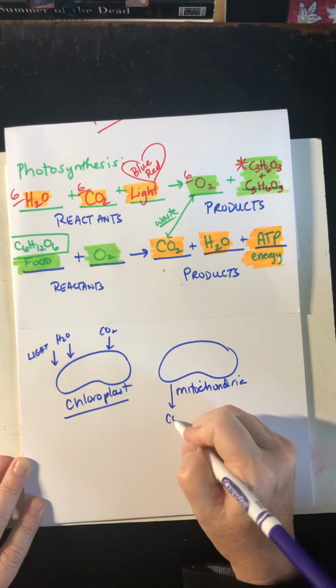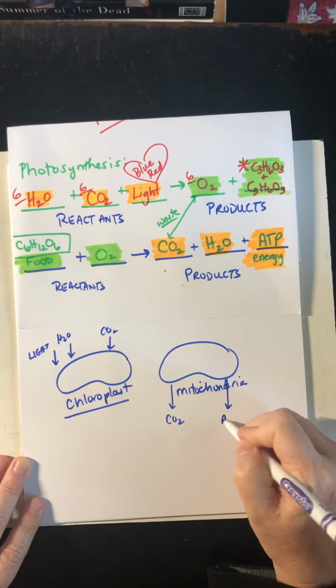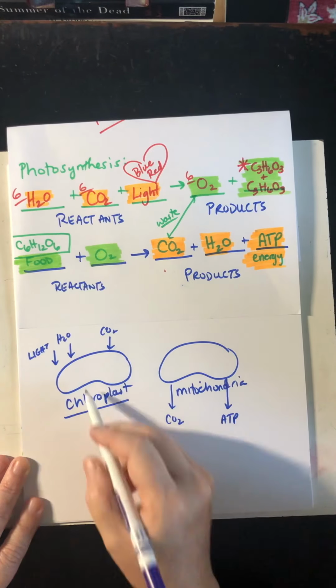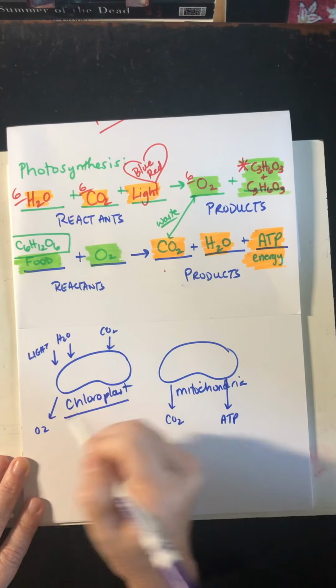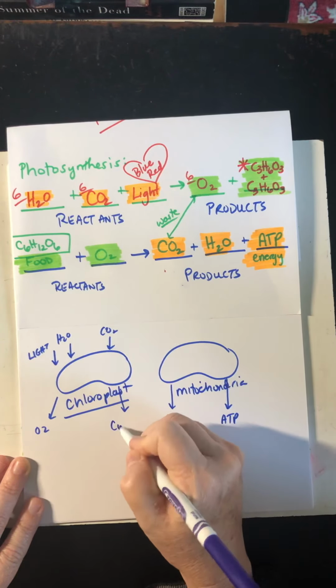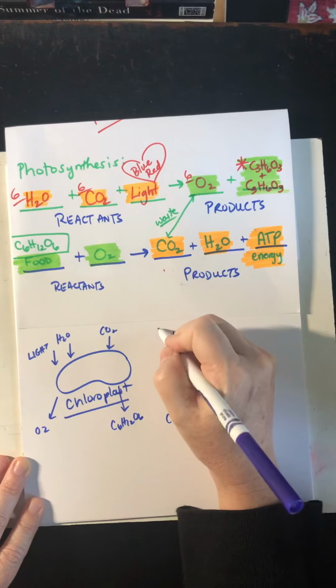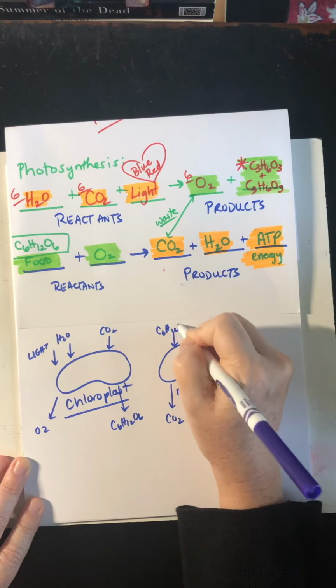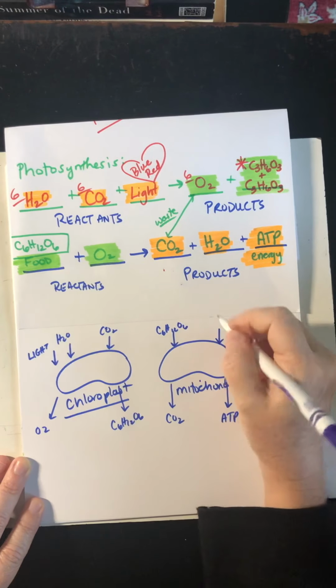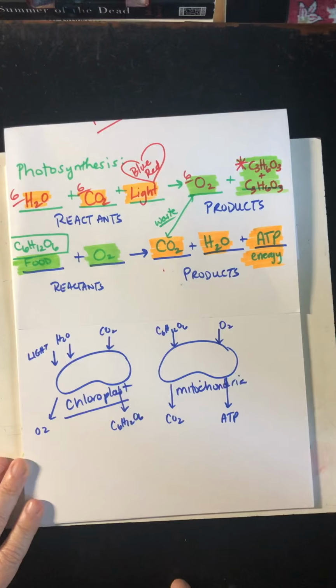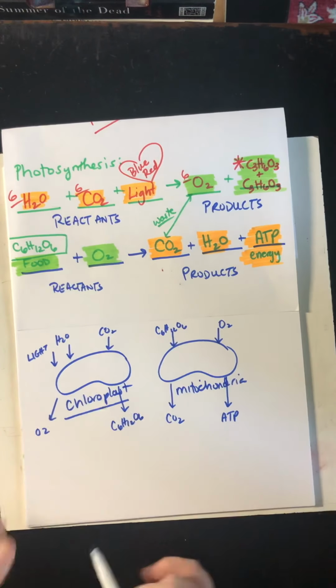Mitochondria, we get CO2 out and we get ATP out. So there's our energy. Chloroplast releases oxygen, makes glucose. Mitochondria needs glucose and needs oxygen. So you get the opposite things going on here.